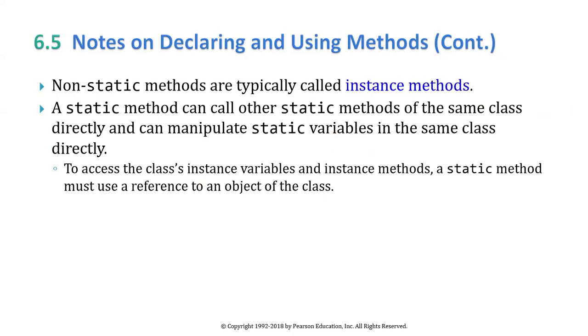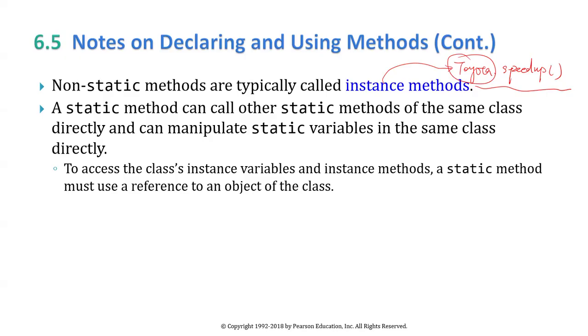And for those non-static methods, they are typically called instance methods. We say the Toyota, right? Toyota.speedUp. Such a method is an instance method because it belongs to the instance Toyota. A static method can call other static methods of the same class directly, and they can manipulate the static variables in the same class directly.